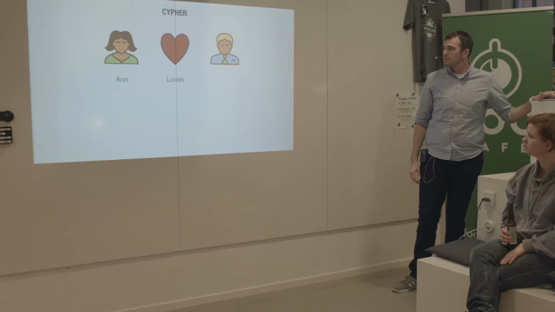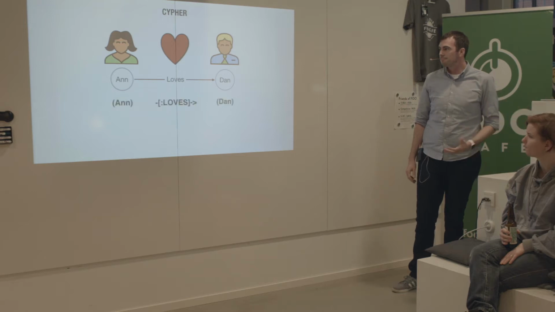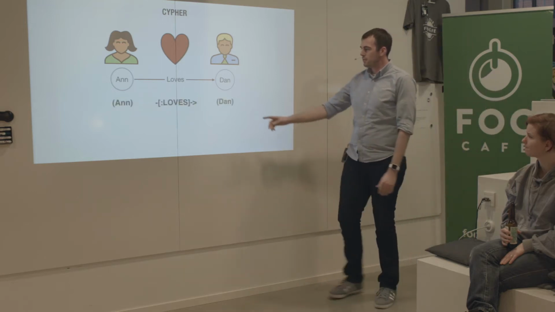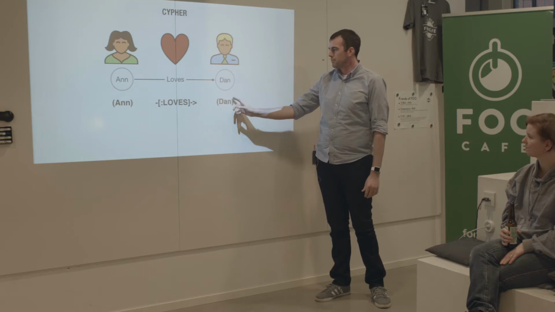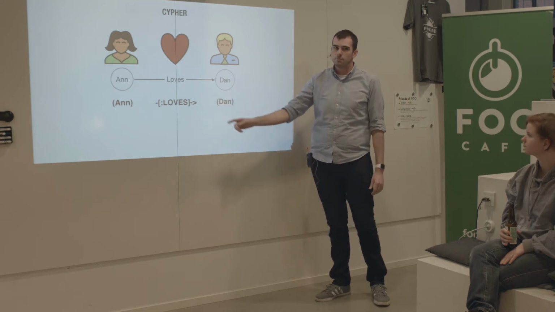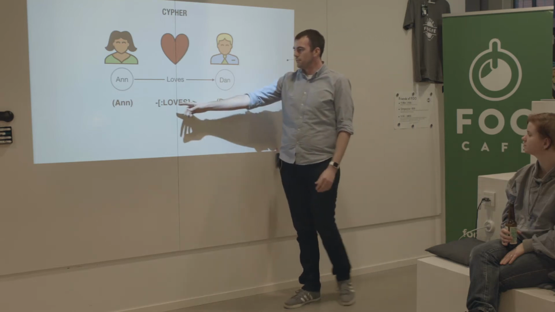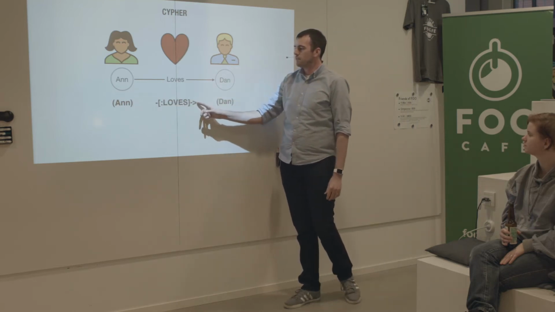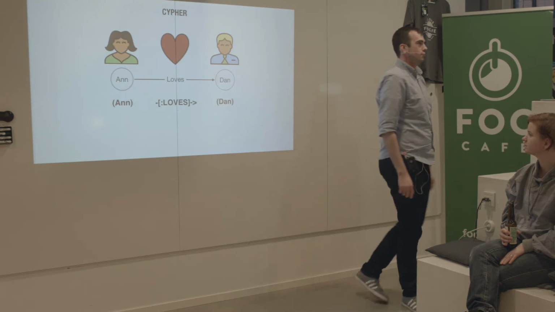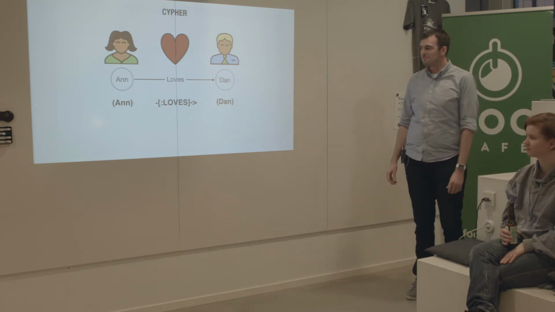But what is Cypher? It's easy to model this kind of relationship in Cypher. You represent nodes within parentheses, and edges or relationships in square brackets, and the direction of the edge with an arrow. ASCII art graphs.